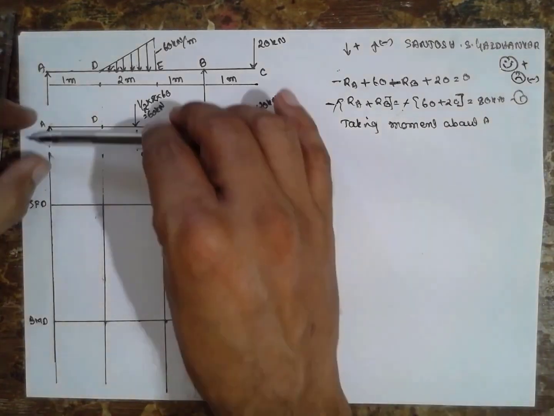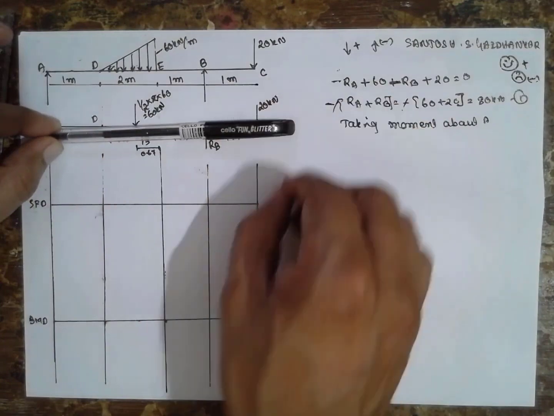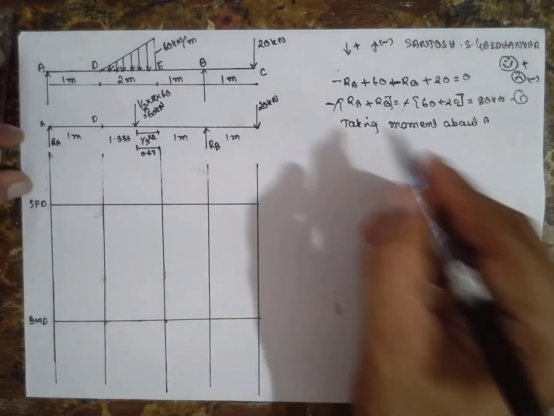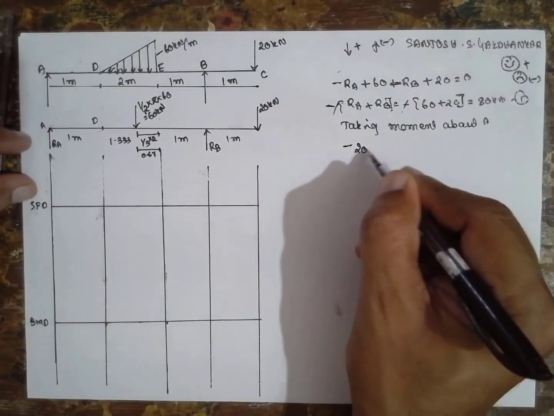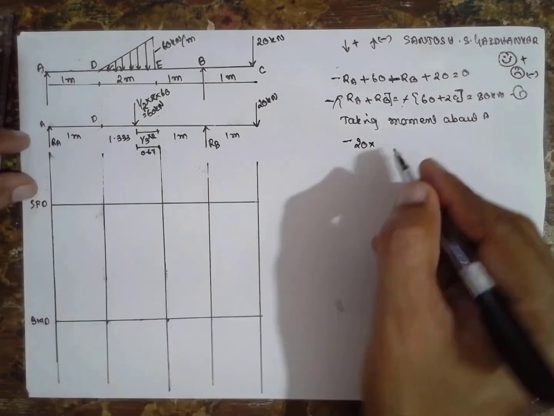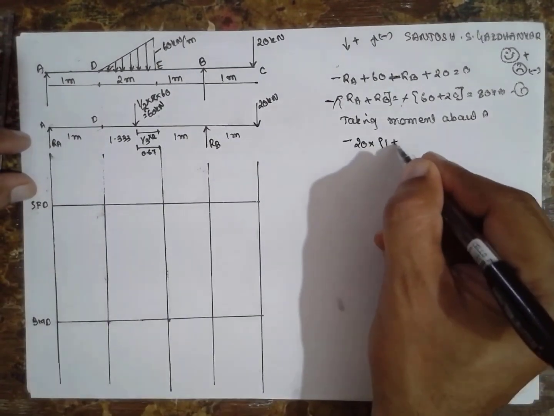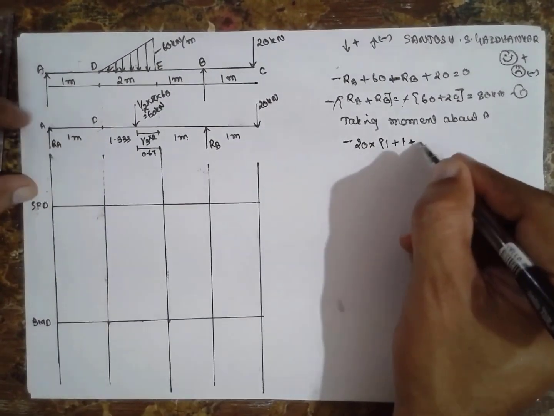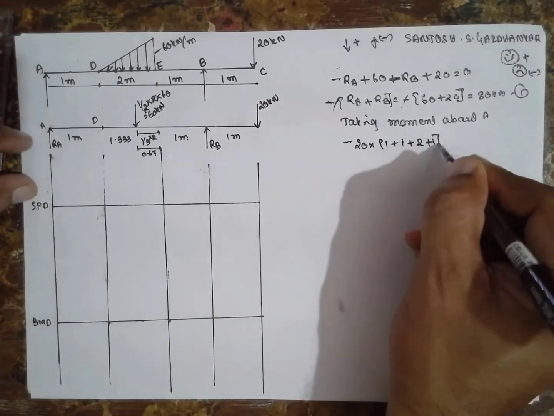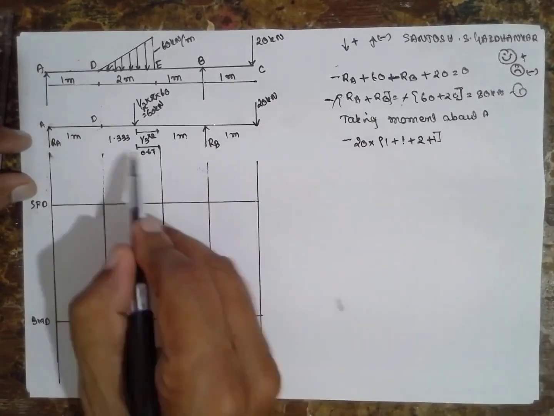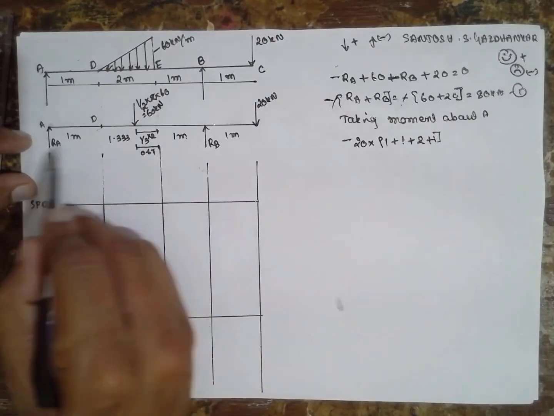Now here I am holding this pen here. Now it is nothing but sad face, that is I will consider as a minus. Minus 20 into total distance here, that is 1 plus 1 plus 2 plus 1.